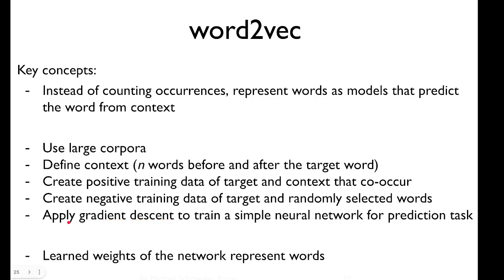So the authors of word2vec applied gradient descent on a simple, shallow, just 2 layers neural network to predict the word from its context.